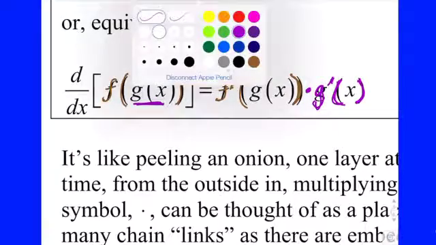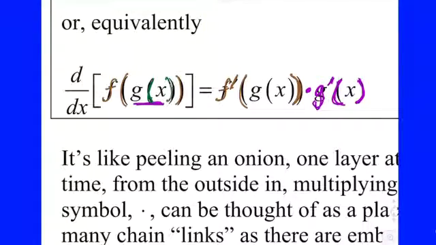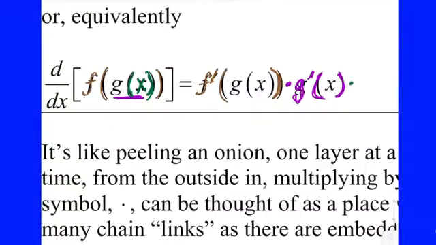Now you can even go in one more layer and say, we have another layer, don't we? It's x. The innermost layer would be x, and we could even multiply by the derivative of x, which is what? 1. So for composite functions, we don't need the 1 there, of course. You're going to have as many factors in your chain reaction as you do embedded functions.